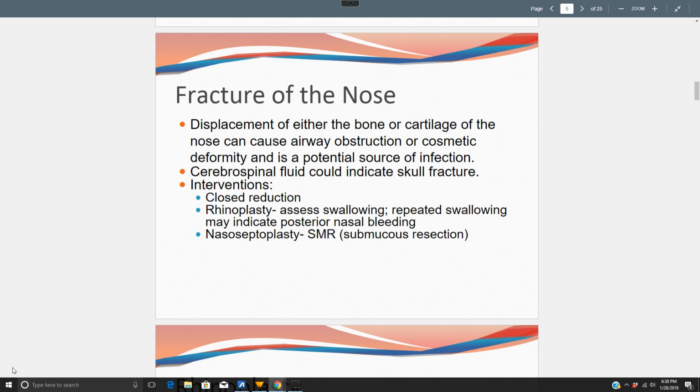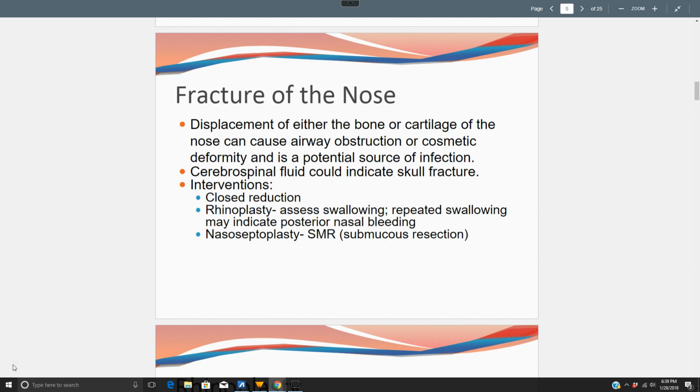They can have bleeding externally and internally in the pharynx. One thing you'll probably notice is swelling of soft tissues adjacent to the nose. Sometimes we see periorbital ecchymosis, at times nasal obstruction, and some of these really severe fractures will actually cause a deformity.